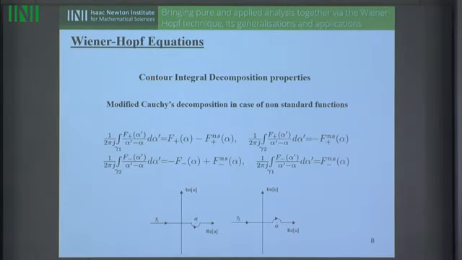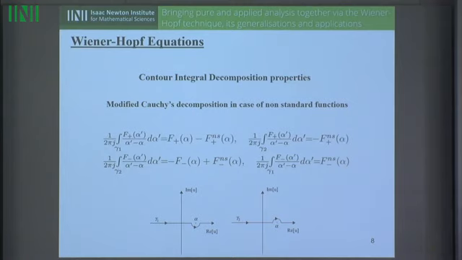In particular, we have a modified Cauchy decomposition in the case of non-standard functions. So in this case, we consider that plus functions and minus functions are non-standard plus, non-standard minus. It means they have some pole that stays in the regularity half plane.